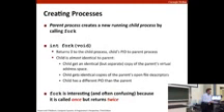Now, a parent process can create a child process by calling the fork function. So fork takes no arguments, and it returns an integer. It creates a new child process, and then it returns in both the parent and the child.